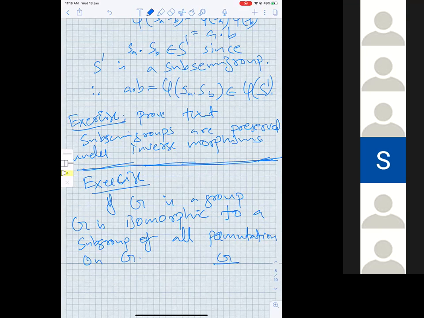You look at every element, and you look at the map which takes every element G to the element GA.